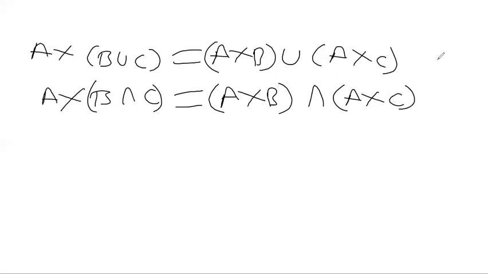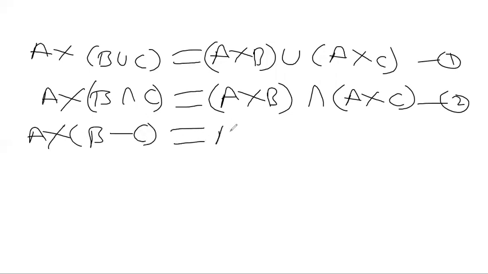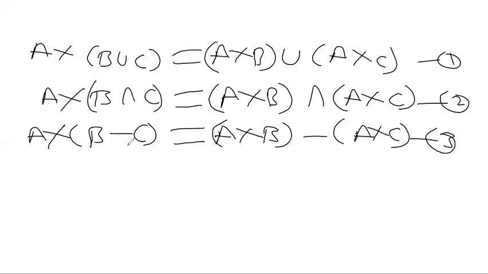This is first, this is second. Now if you are given A cross (B minus C), it will be equal to (A cross B) minus (A cross C). This is the third one.